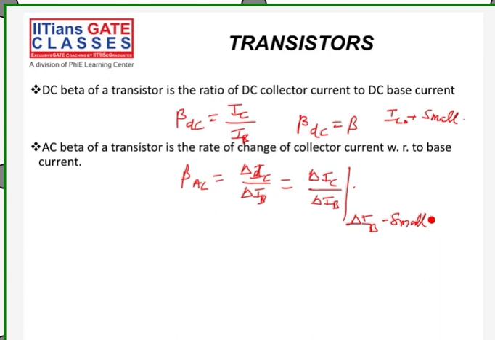So from the above equation which I mentioned, the third equation, I can write IC is equal to beta IB plus (1 plus beta) ICO. We can differentiate this.